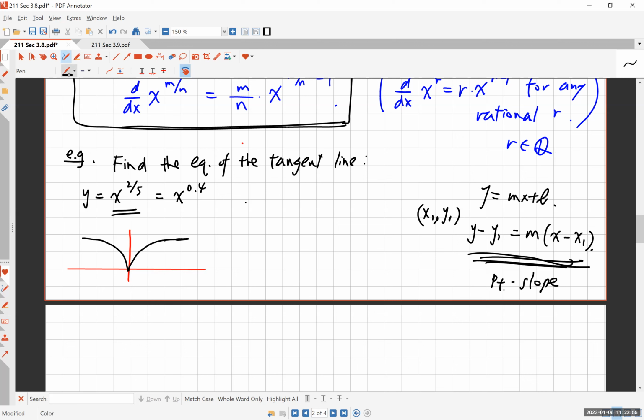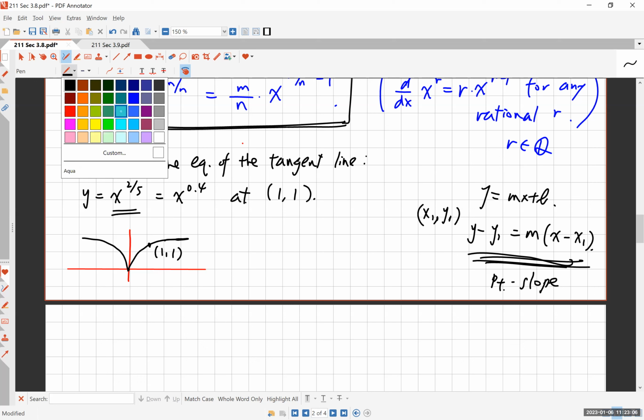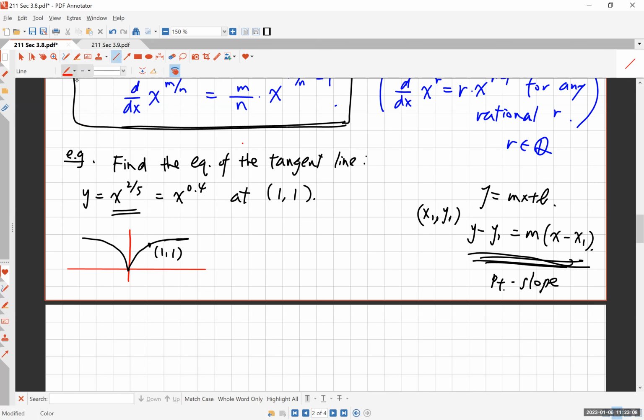And I have to give you a point. The point is (1, 1). When x is equal to 1, y is equal to 1. So this is the point. My tangent line is going to look something like this, and that's my tangent line.